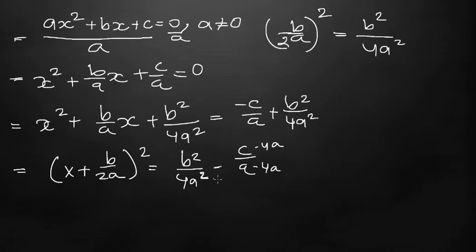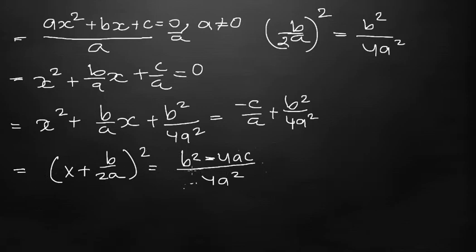So that's going to give me b squared minus 4 times a times c, which is 4ac, and we're going to have the same denominator on the bottom. So I'm just going to erase this and rewrite it. So we have b squared minus 4ac, and all of that over 4a squared.